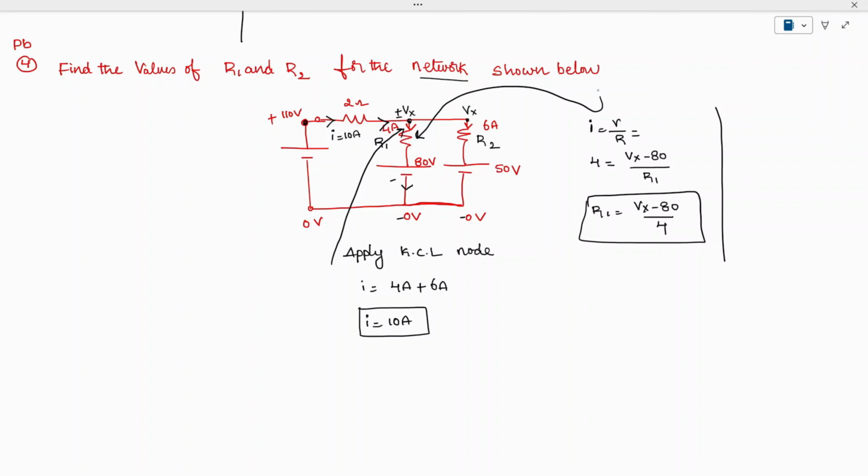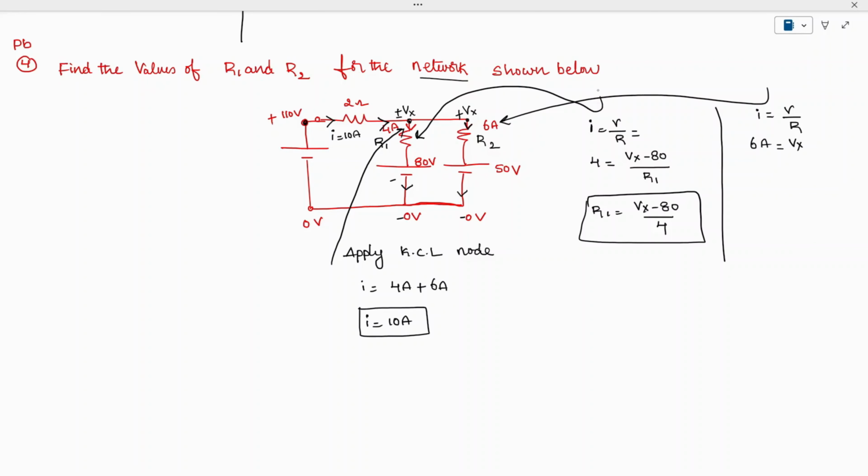This is part 1. Similarly, in this branch also apply nodal analysis. Current I is equal to V by R. The current in this branch is 6 amperes, equal to V by R. The current is flowing, and the leaving polarity of the voltage is Vx, and it flows like this.